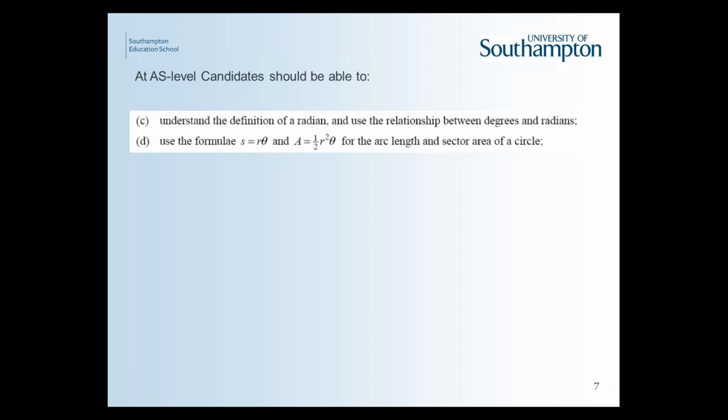We're just going to talk about radians and the relationship between degrees and radians. Radians were the original measure of angles. I know absolutely nothing about grads, so I don't know when that came in.